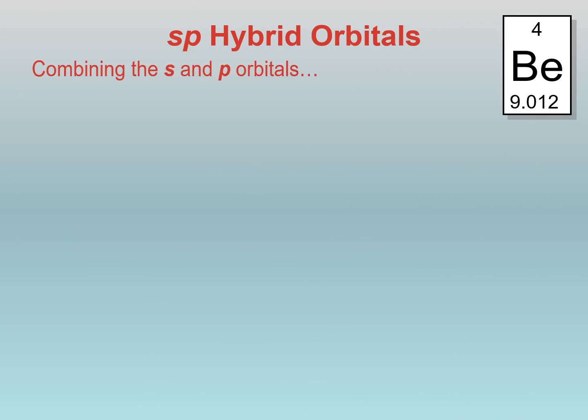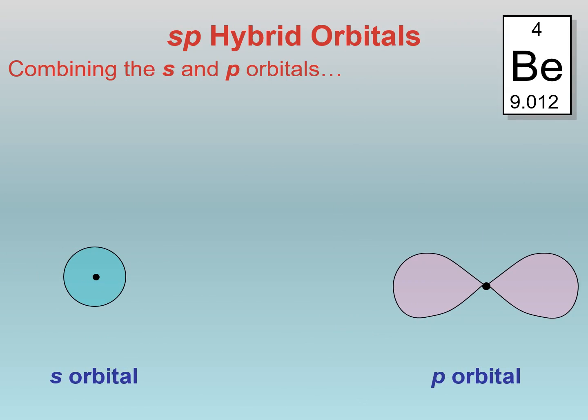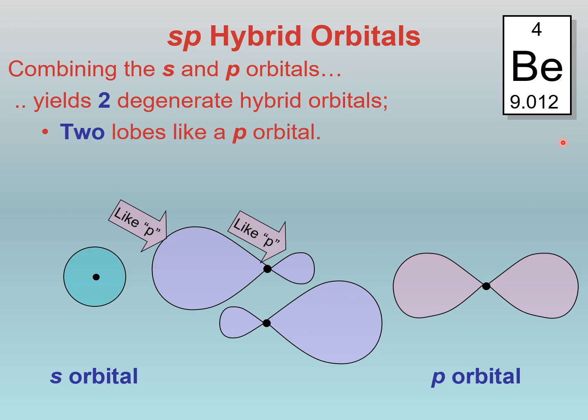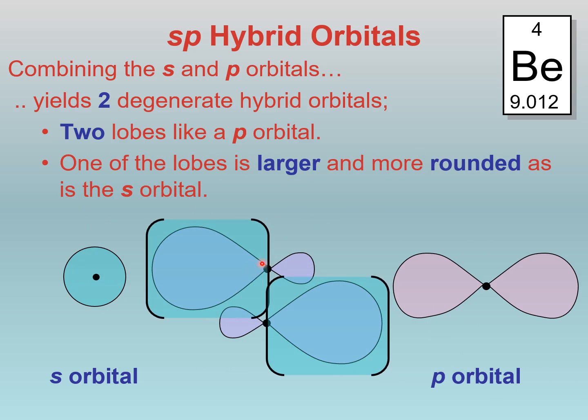I'm going to give you a bunch of drawings, and this is where I said it gets a little fuzzy for me. I don't quite get how it all works out in my head. Maybe you guys will get it better. But here are your 2 degenerate hybrid orbitals. It's not an s, it's not a p, it's something in between, and then you put them together. They're saying 2 lobes like p orbitals on each one of them, but one of the lobes is larger than the other.